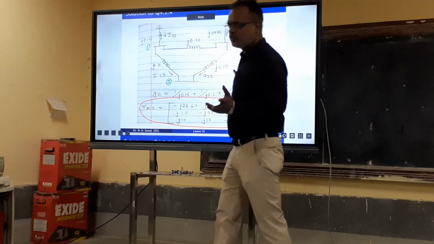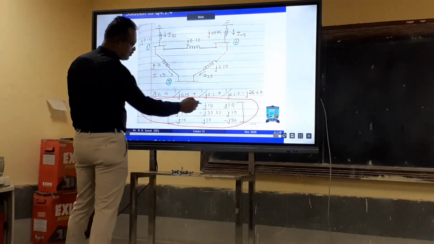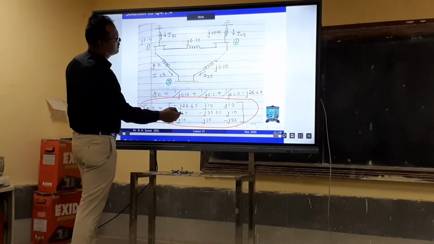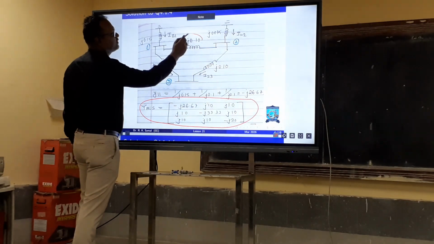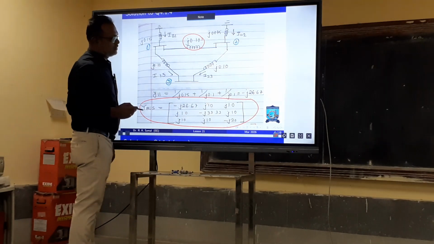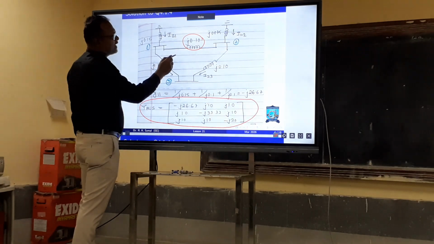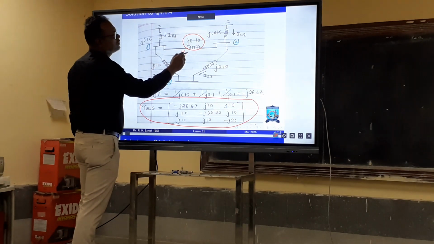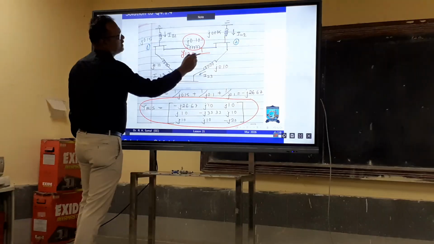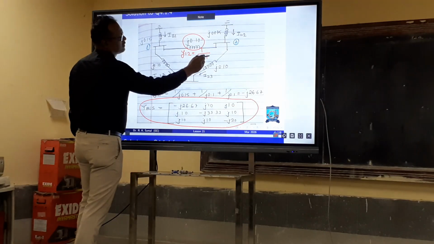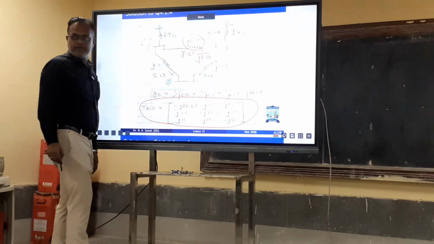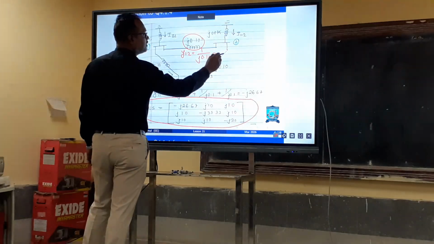So you know how to find the Y bus. So these two elements, right? So this is the impedance j0.1. What will be the admittance Y12? 1 by j0.1, that is equal to minus j10.